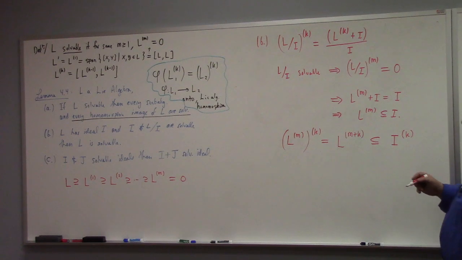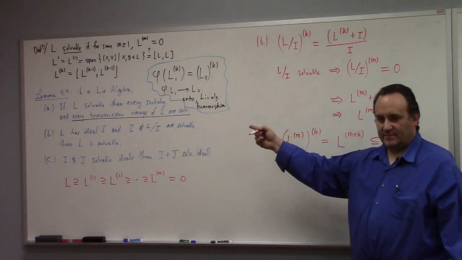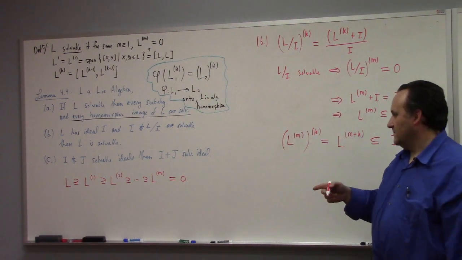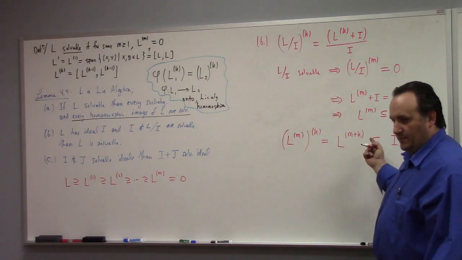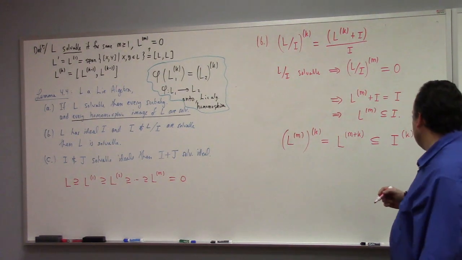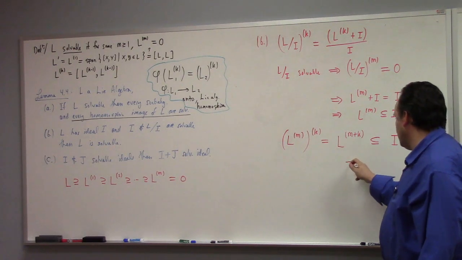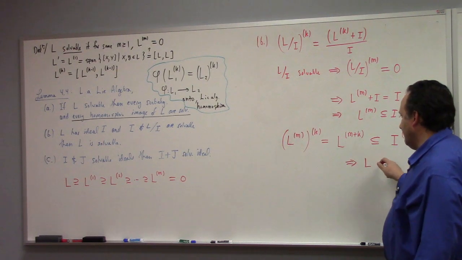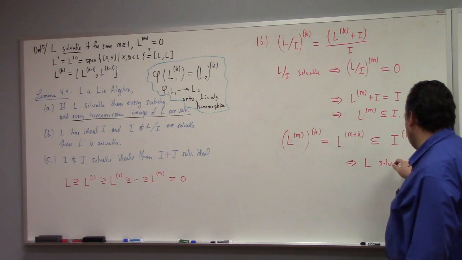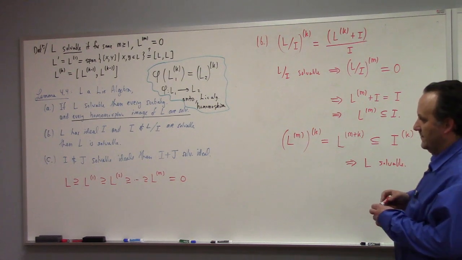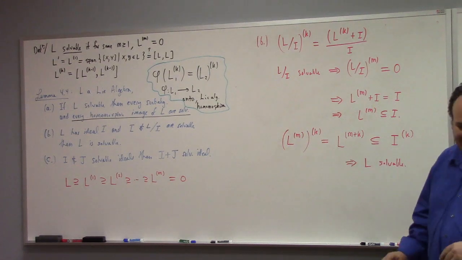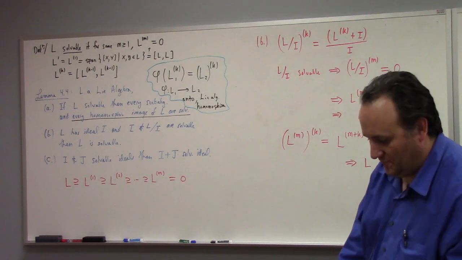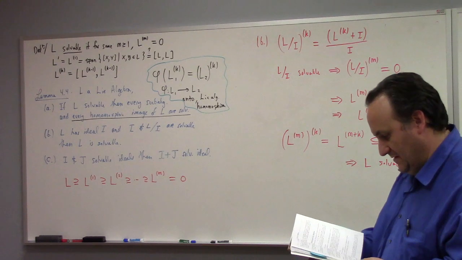Right, there has to exist a k such that I^(k) is equal to 0. Therefore, that means L is solvable as well, at order m plus k. All right, and I'll skip part C. I've tortured you guys enough for today.